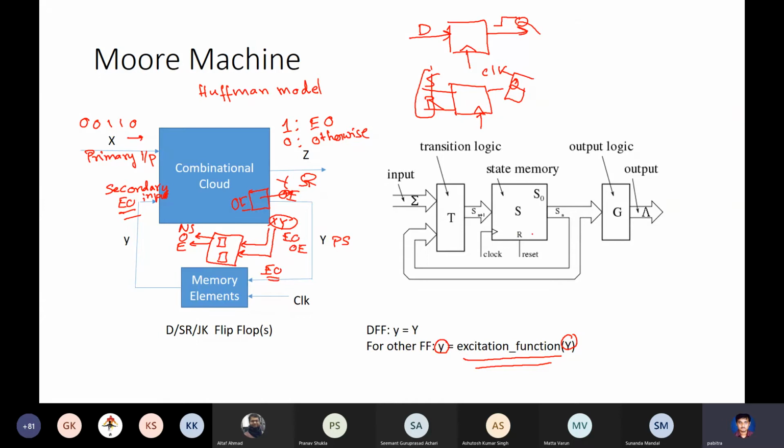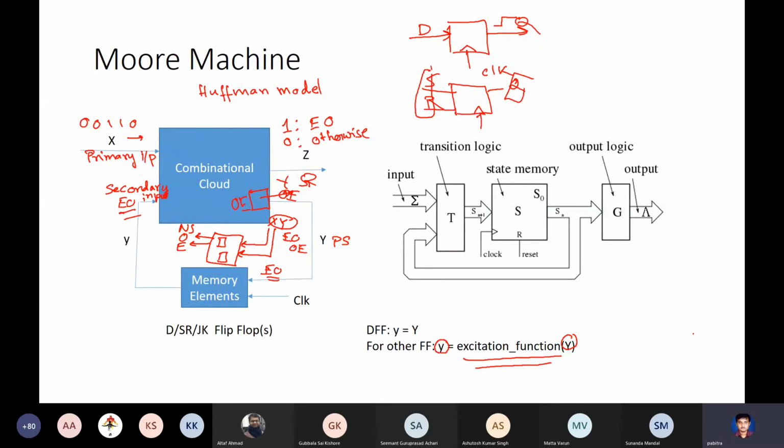This is the transition logic, basically a gate circuit. And then the state memory is these flip-flops. The state memory will hold the present state till the next transition.